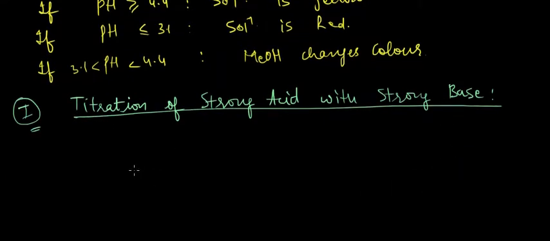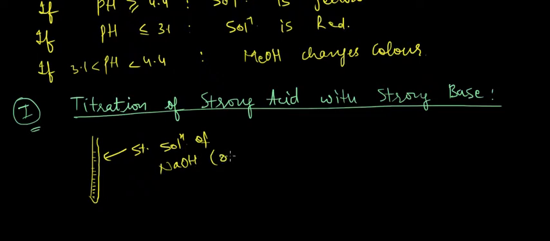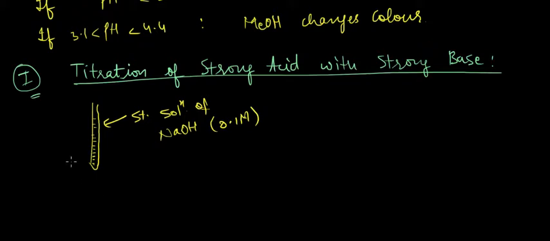So we have a burette, okay, and this burette is used for dropping standard solution of NaOH drop by drop, whose, let's say, concentration is 0.1 M, and it is dropped into an aqueous solution of HCl.